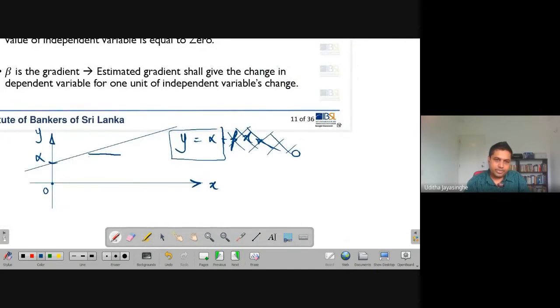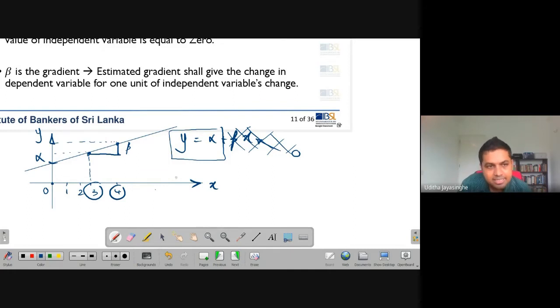You see, let's say this is earmarked as 1, 2, 3, and 4, likewise. You change x from 3 to 4, and this y will be increased by how much? Beta amount. This increase is going to be beta.